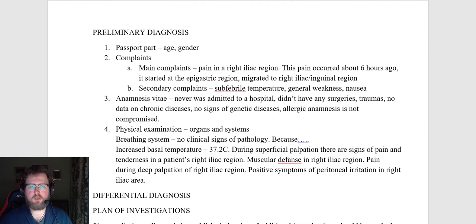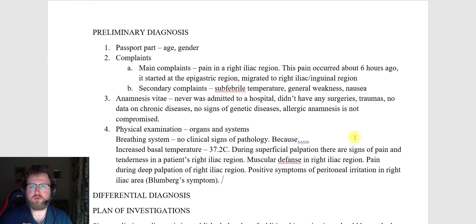Although we've discussed only one symptom, it's Blumberg's symptom. You should know that appendicitis has a very vast majority of peritoneal irritation symptoms. To my notice, up to date, it's not for your case history, it's just for you, because you're going to learn a bit more about acute appendicitis to write a more precise case history.